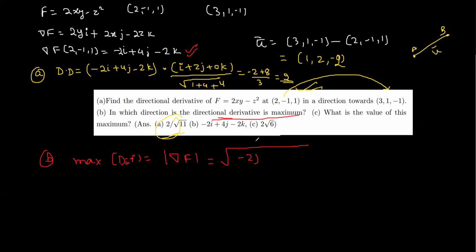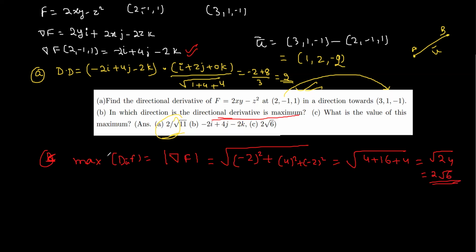For maximum, this is the C part actually. Minus 2 square, 24, 2 root 6. This is the maximum value.